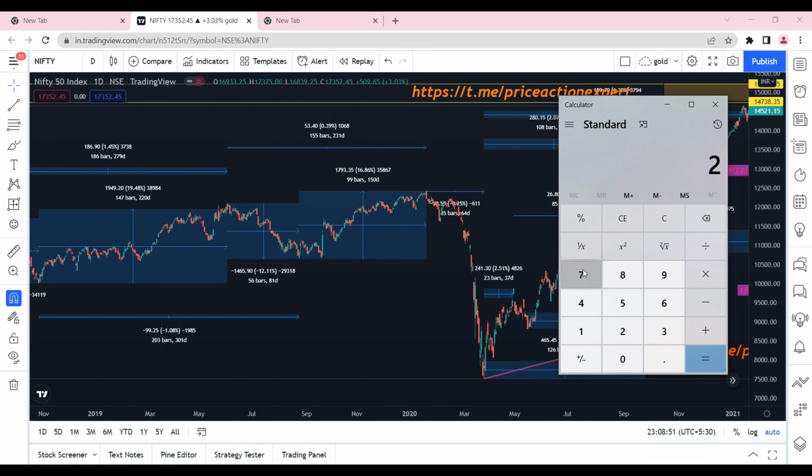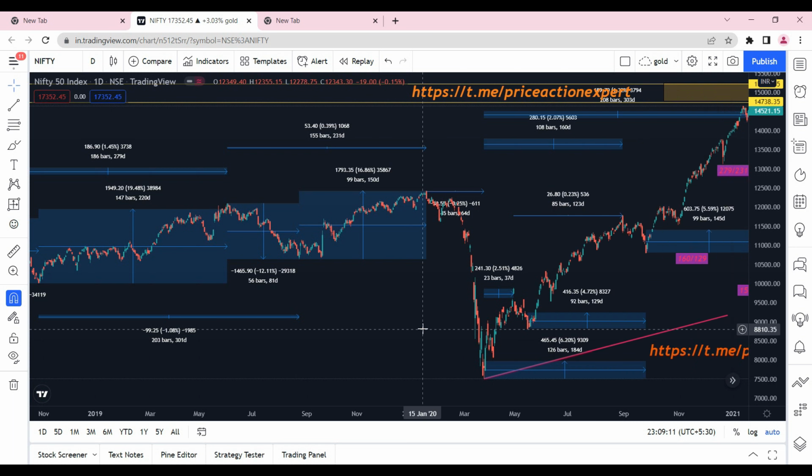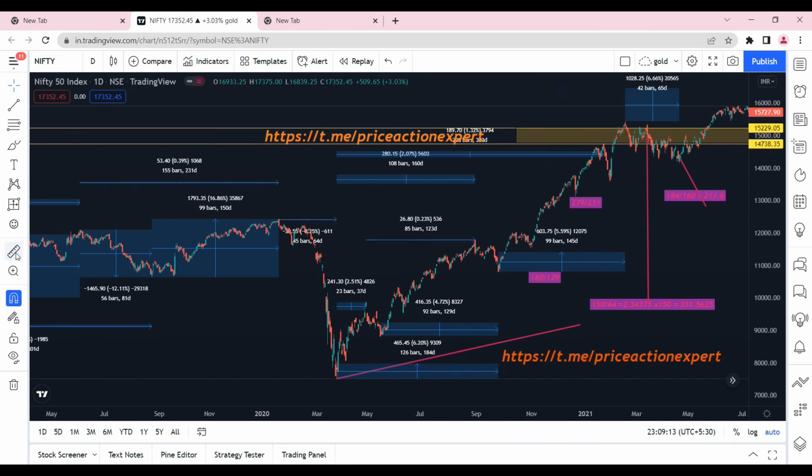Let's say 279 divided by 231 is equal to 1.2077, and you have to multiply that by 279 again, and it will give you 336 or 337. Let's start from here.